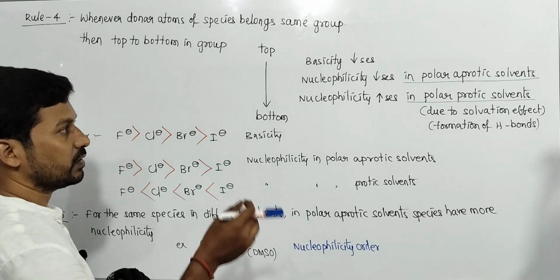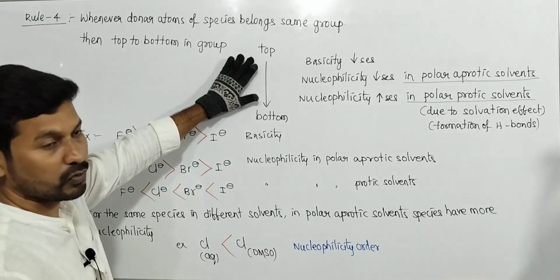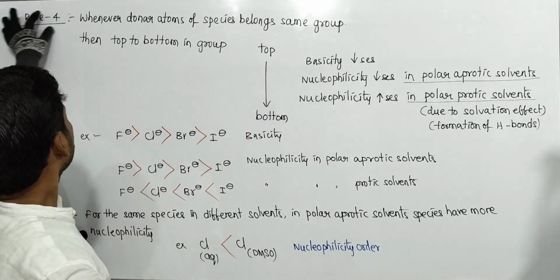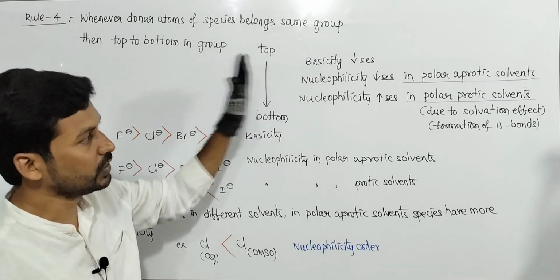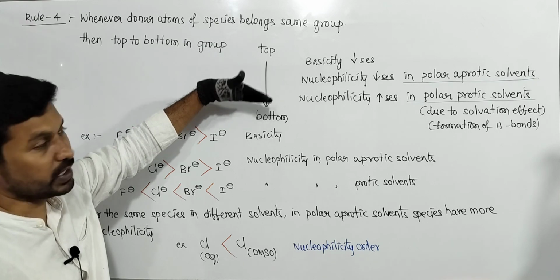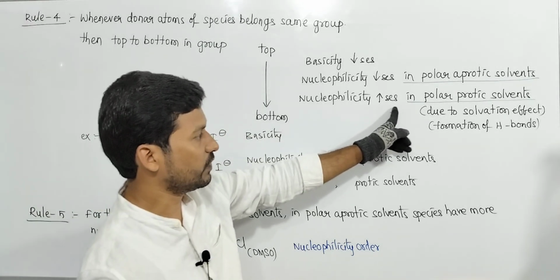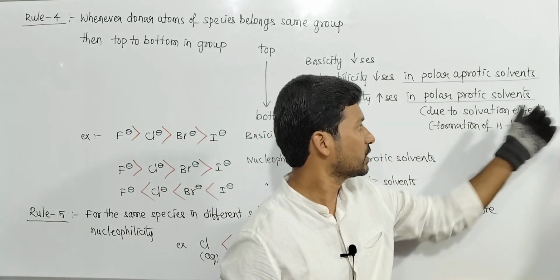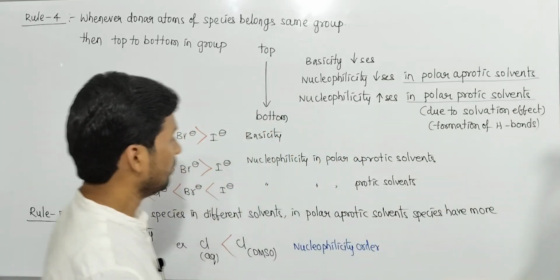Basicity and nucleophilicity both decrease from top to bottom in a group, and from left to right in a period. In rule number 3, left to right in a period, basicity and nucleophilicity decrease. In rule number 4, from top to bottom in a group, basicity decreases, but this is different: nucleophilicity increases, that too in polar protic solvents, due to the solvation effect or formation of hydrogen bonds.